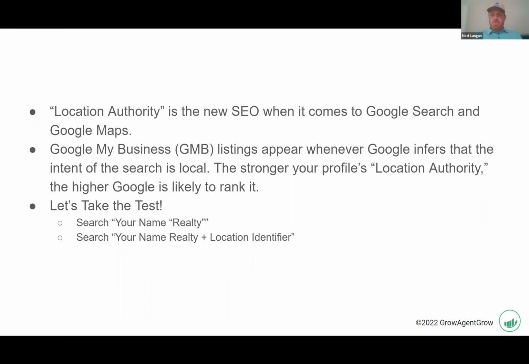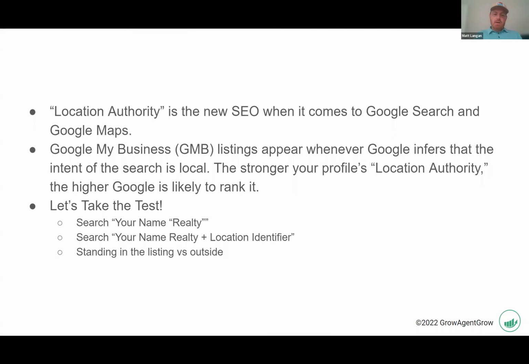So Mike Jones Realtor, Virginia Beach, Virginia, or Mike Jones Real Estate Agent, Virginia Beach, Virginia. Try it on Google and see what your visibility looks like now. Hopefully you have a Google My Business page, and when you perform that search, you can see your listing off to the right side.